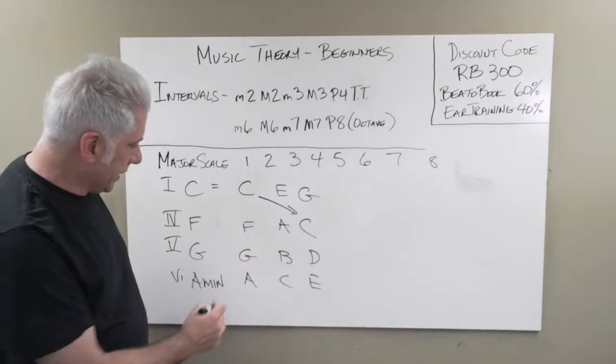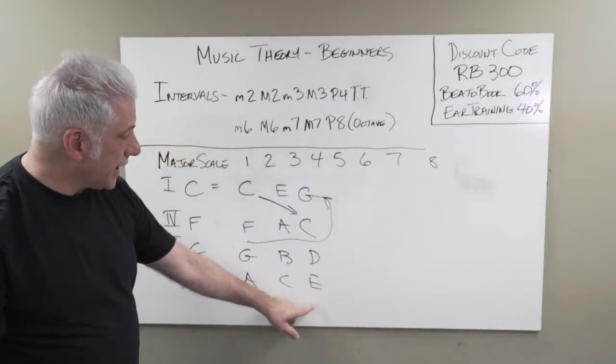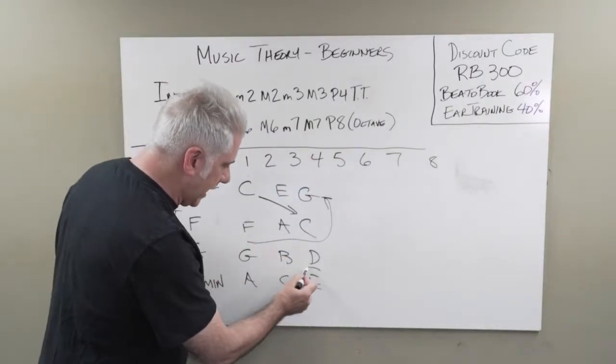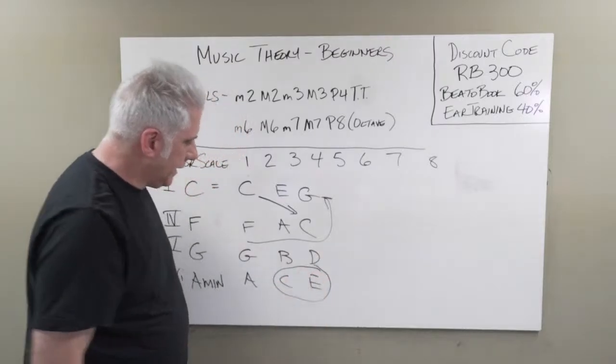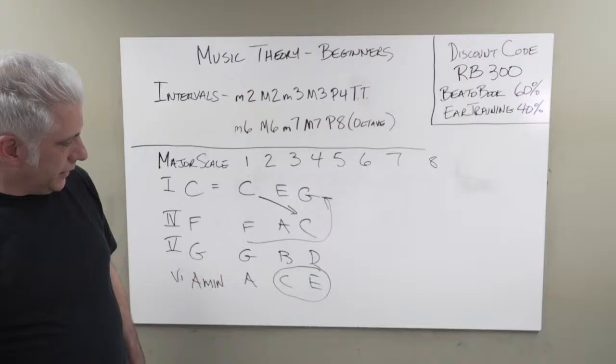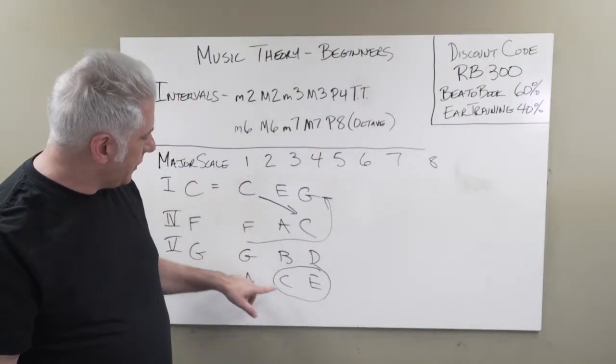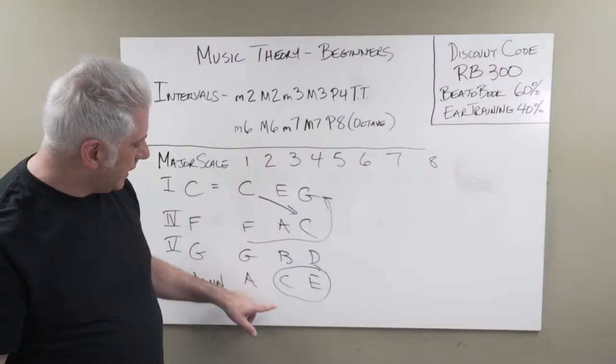G major has one common note to C. A minor has actually 2 notes that are common to C major, okay? That's why it's called the relative minor. You're seeing when they start sharing notes in this chord. So C major has C, E, A minor has C, E.